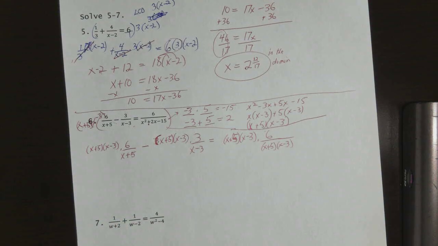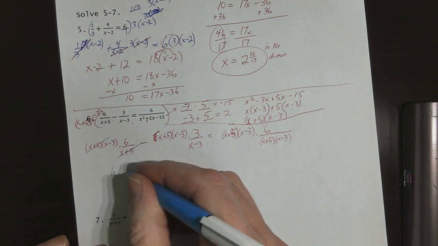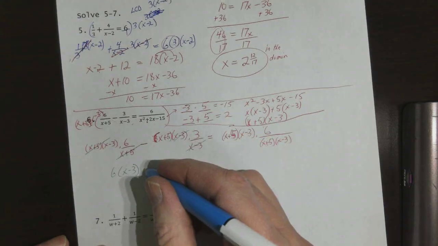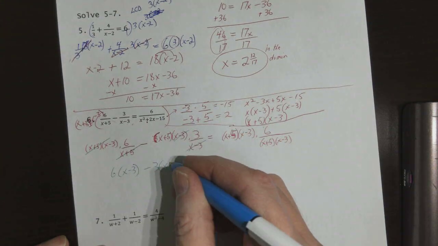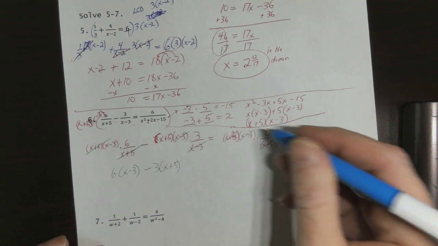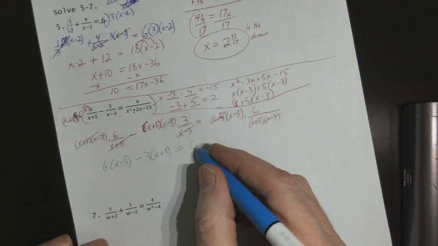All right, canceling. X plus 5's cancel, so I got 6 times x minus 3. The x minus 3's cancel, so I got minus 3 times x plus 5. The x plus 5's cancel and the x minus 3's cancel, so I just have 6 there. Let's distribute.